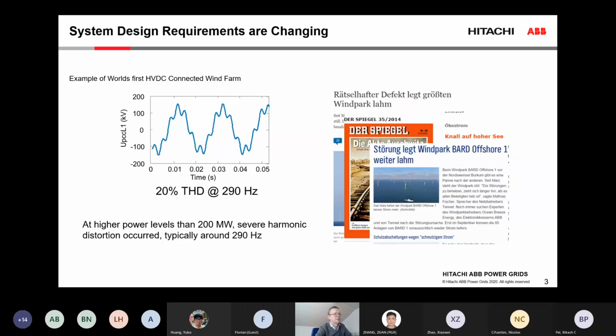I'm not really allowed to show you the models and detail the network, but some of the measurements are of course from the real system, while most of the analysis results are based on a generic wind farm model, very close to and inspired by the actual farm design here, the Bard farm. And hopefully you remember this about the harmonic problems and the interharmonic instability.